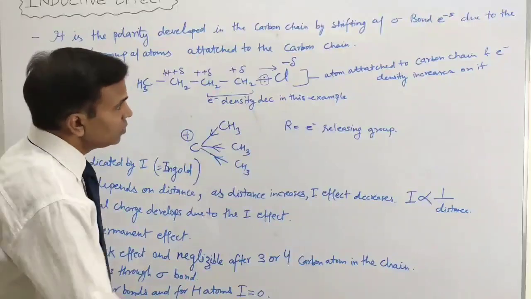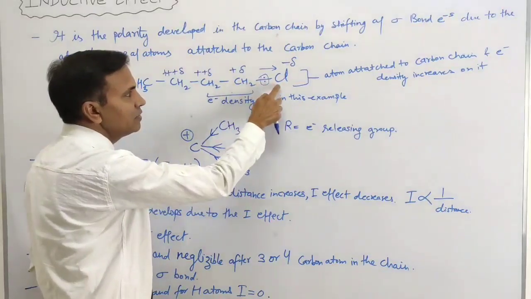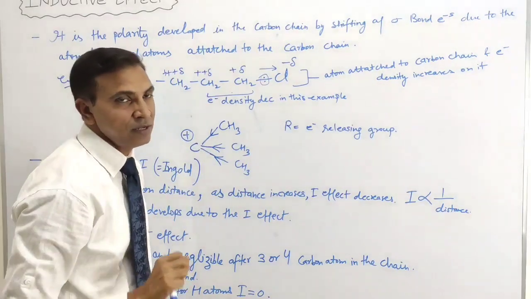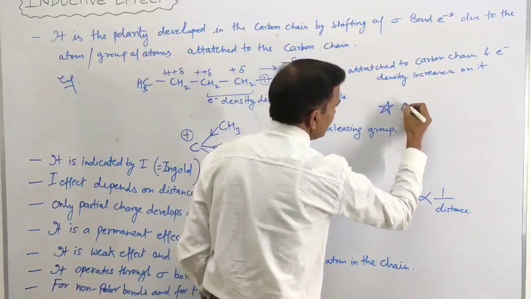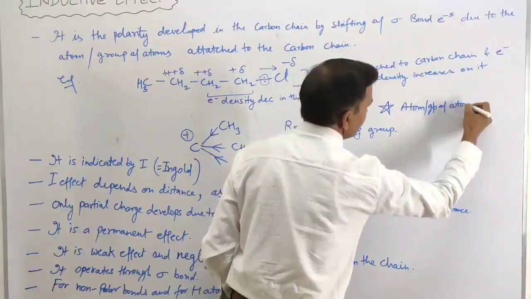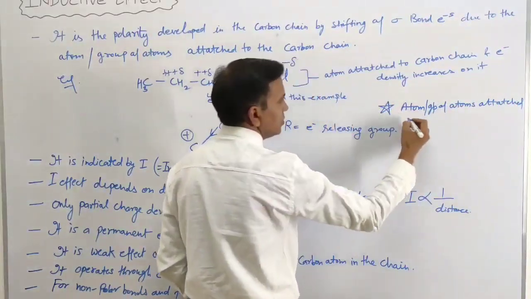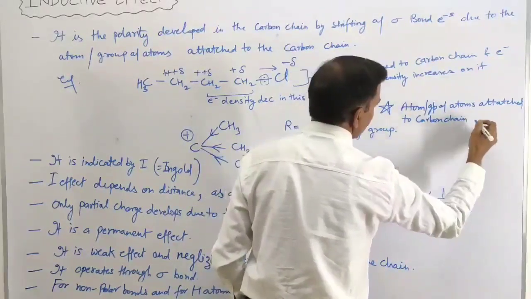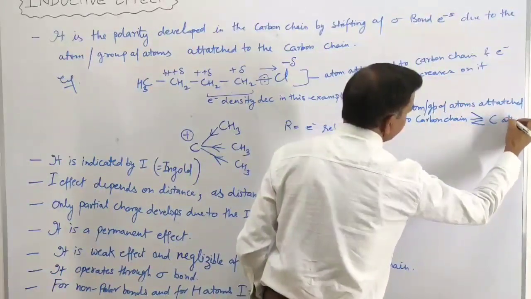One more thing you may clearly observe here: if an electronegativity difference is there between the atom attached and the carbon, then the shifting of sigma electrons takes place, right? That means the main thing is that the atom or group of atoms attached to the carbon chain must be more or less electronegative than the carbon atom.